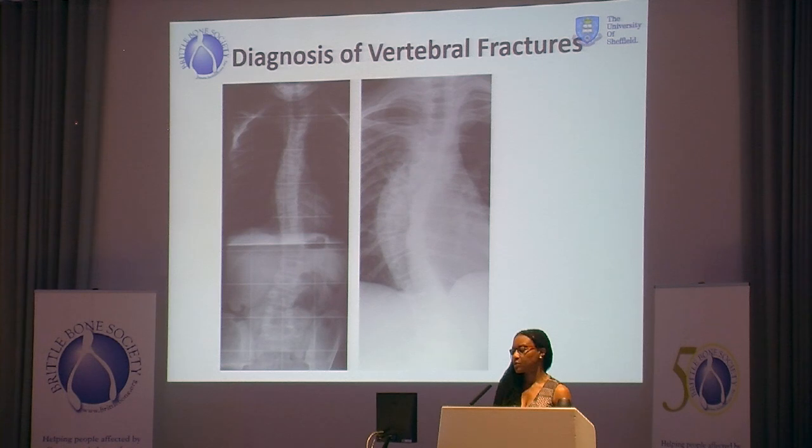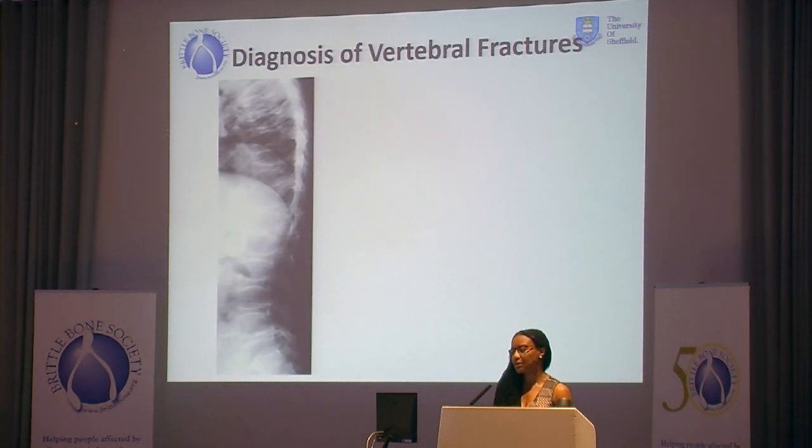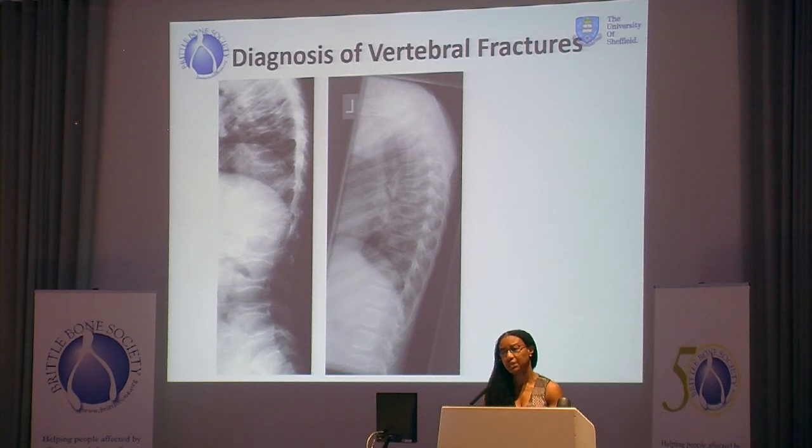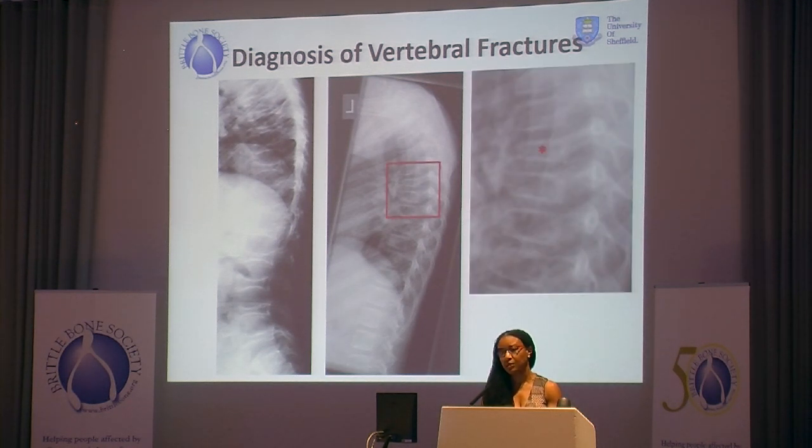Of the lateral spine. If you look at the front of the spine, we can diagnose the curvatures, and if we look at the lateral spine, we see this loss of height. The vertebrae should be nice and rectangular, but we can see that they are all flattened, at multiple levels. This is a milder case. If I blow up this area, you can see that there is some loss of height here.